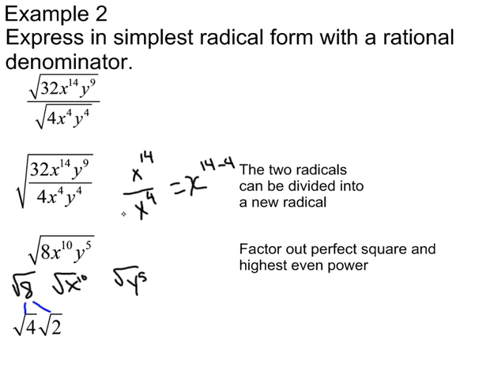Radical x to the 10, it's already an even number, so we don't have to worry about factoring anything out. So that's just x to the 10 over 2. Radical y to the 5th, here we have to factor out the highest even power, and that would be 4. So we get radical y to the 4th times radical y.